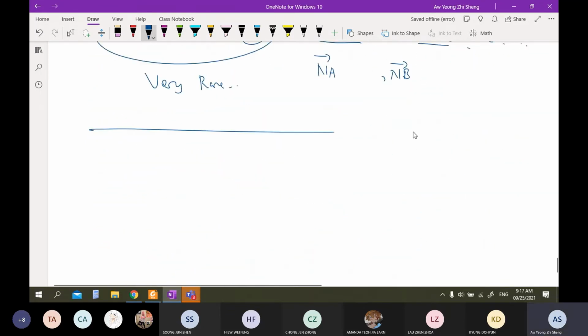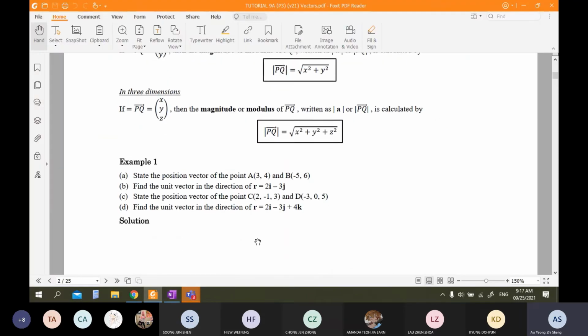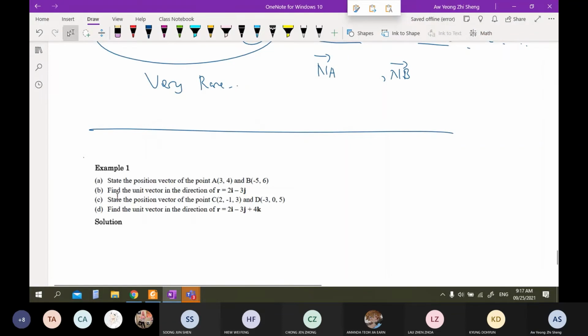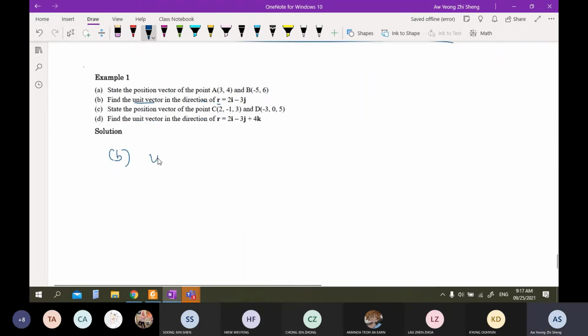Okay. Now, let's come back to example 1 just now. Let's continue with part B here. Find the unit vector in the direction of r equals 2i minus 3j. Unit vector in the direction of r.